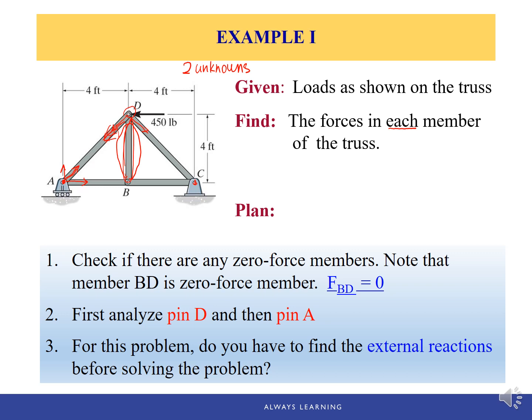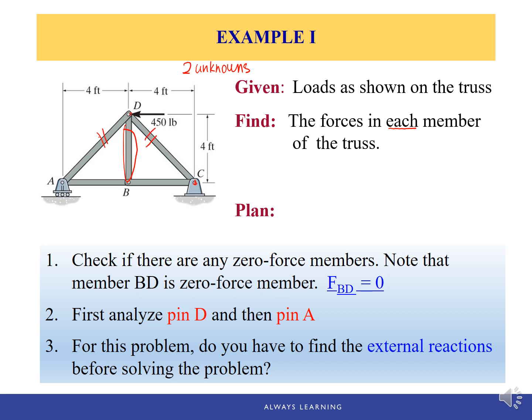And now the question is, for this problem, do we have to find the external reactions before solving the problem? Well, for some problems, we do need to find the support reactions because we don't have enough known values to solve the forces in the truss. But for this one, after our quick analysis, when we start with pin D, we can solve AD and CD already.